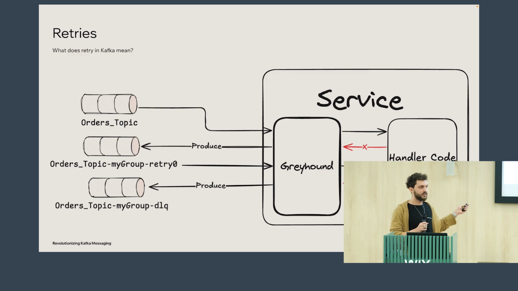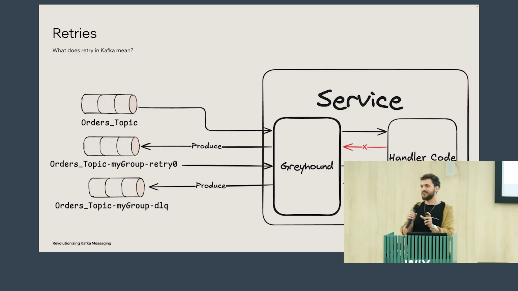In the example that you see here, a service defined one retry and one DLQ, and Greyhound on startup is going to already subscribe to all the retry topics. In this example, it consumes the orders topic and invokes the handler code.